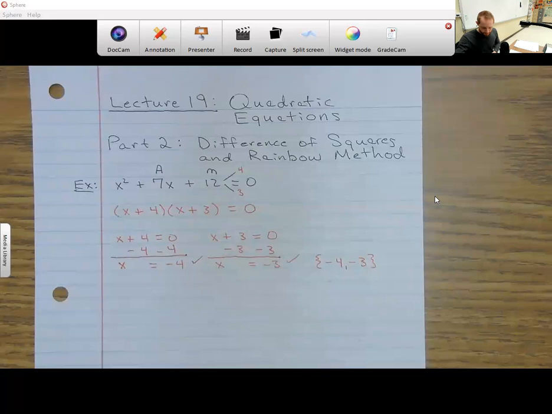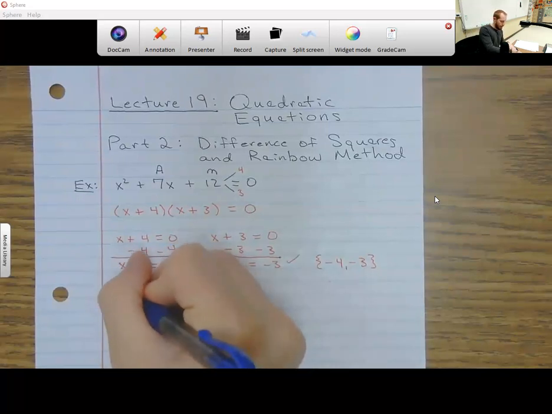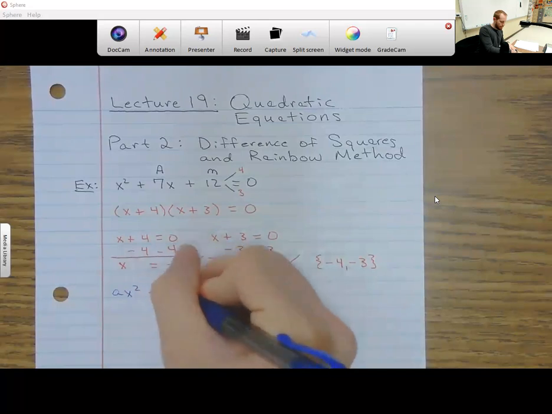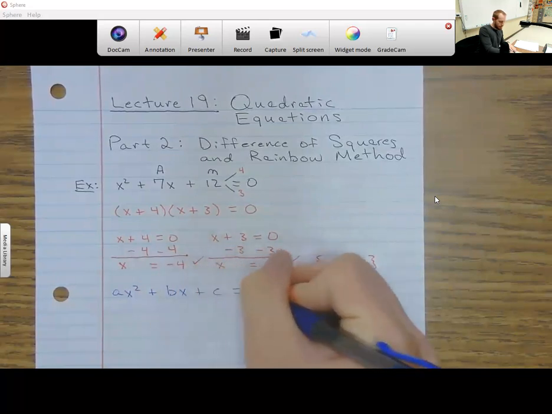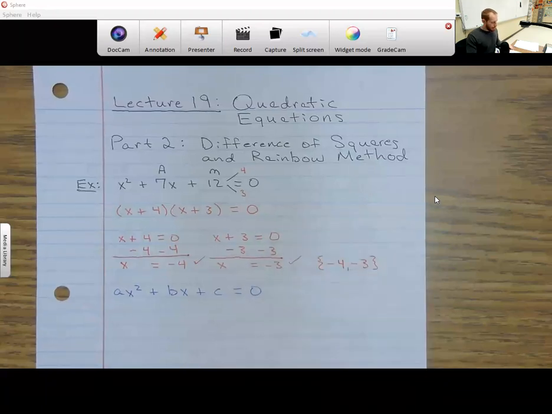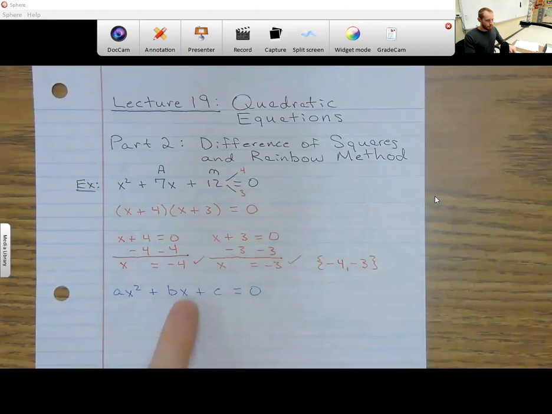Okay? Now, last time we also talked about what a general quadratic equation looks like. And quadratic just means your highest exponent is going to be 2. So we talked about ax squared plus bx plus c equals 0. We know that the highest exponent here is going to be 2. We know that x is going to be a variable.